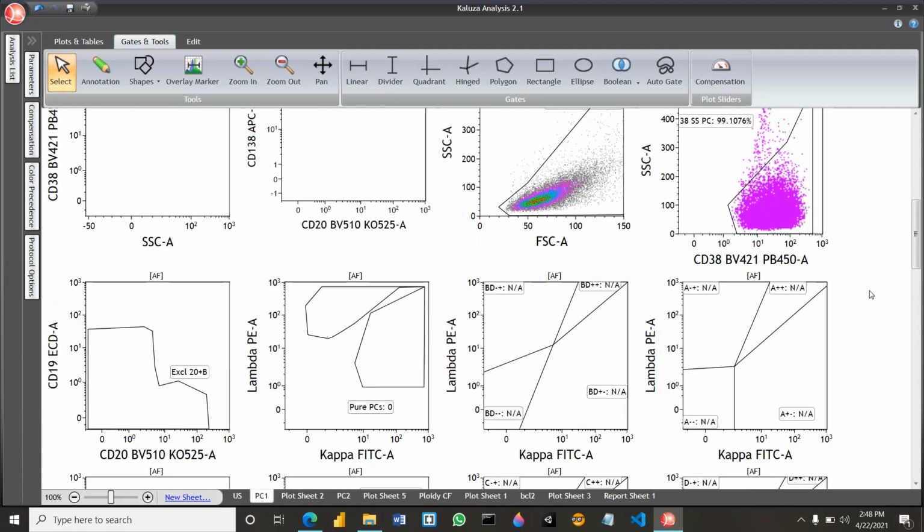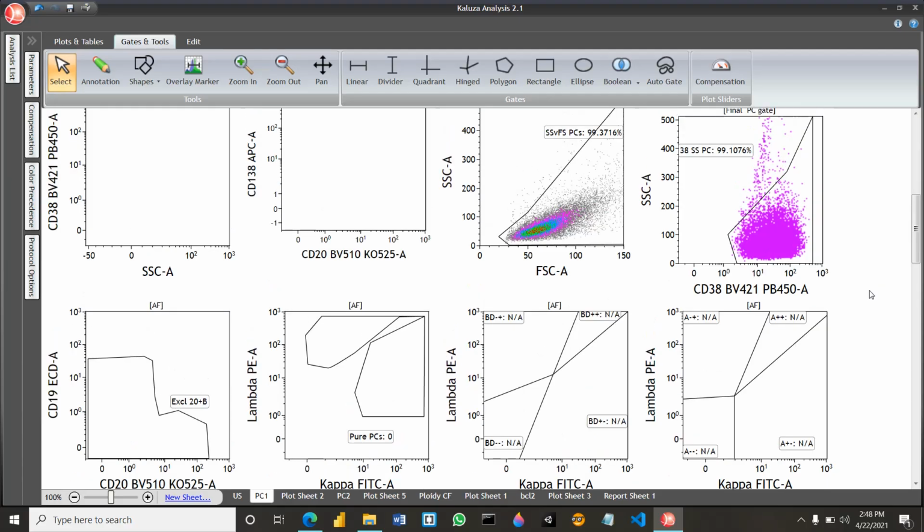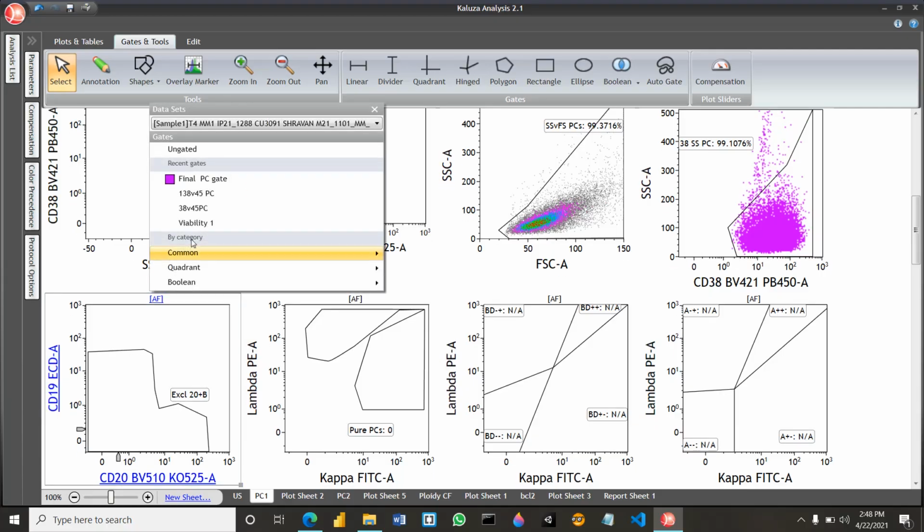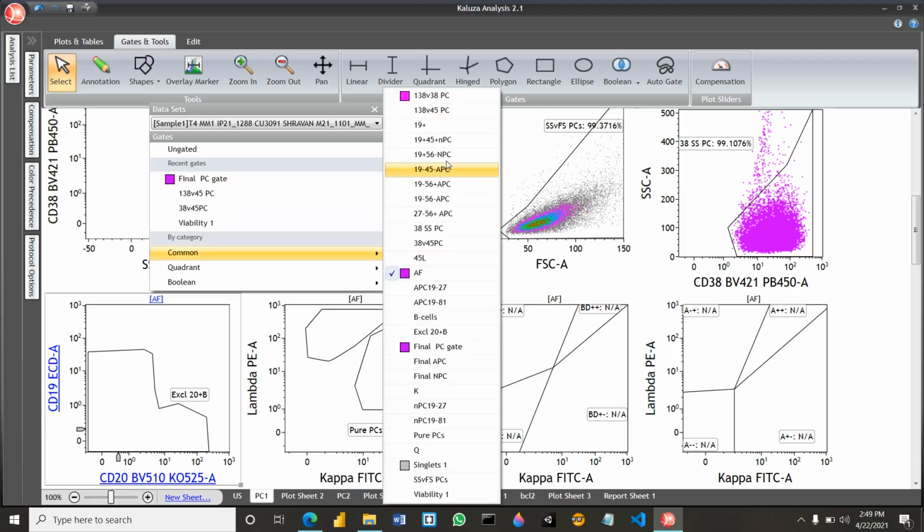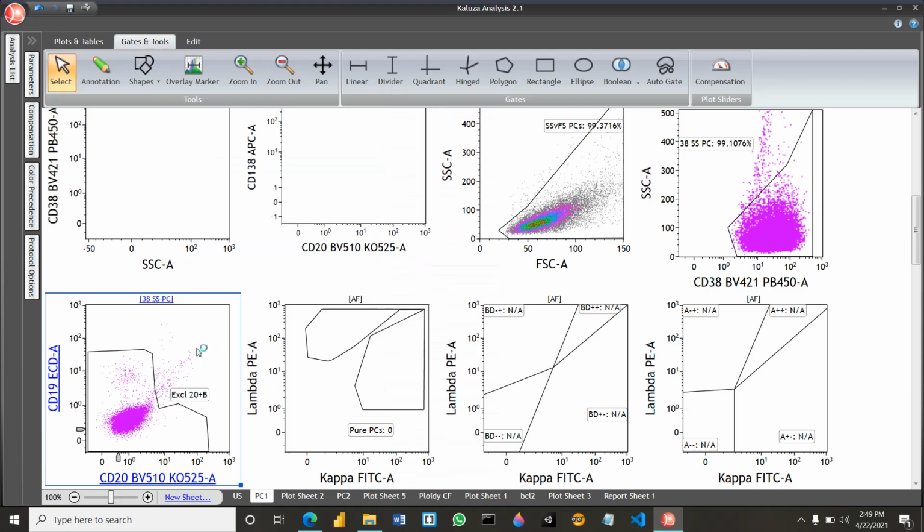we can also exclude if some B cells are present in your gate. In this gate it is unlikely, but if a few B cells, like 138 dim to negative population, were included in our 38 side scatter gate, they can be there. So we can look at 38 versus side scatter in this 38 versus side scatter PC gate and check.